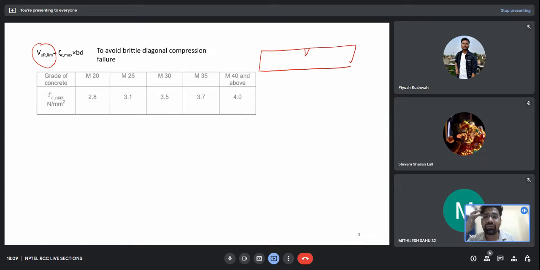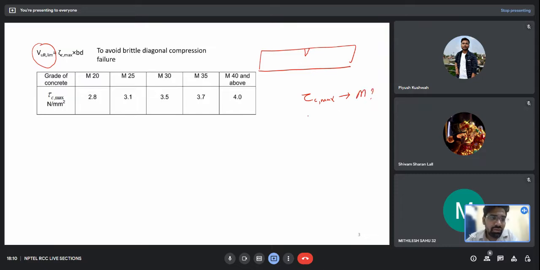How do we calculate the VUR limit? Also, we have a table in IS 456 based upon the grade of concrete. Now, can any one of you tell me why the design shear strength depends upon the grade of concrete as well as the percentage of steel? And when we talk about the VUR limit, that is tau c max, it depends only upon the grade of concrete, M something.